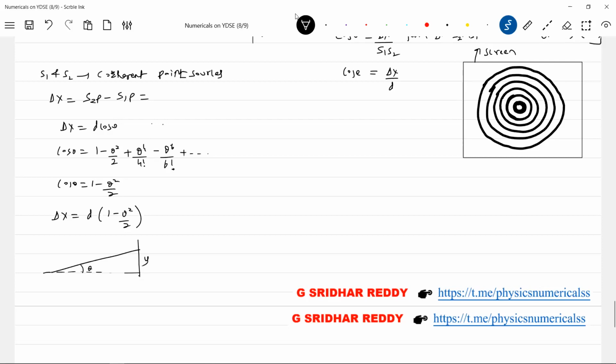This is y, this is theta, this is capital D. The sources are here, and from the midpoint I indicate that theta. Theta is very small, so theta will become tan theta, 1 minus 1 by 2 tan square theta.